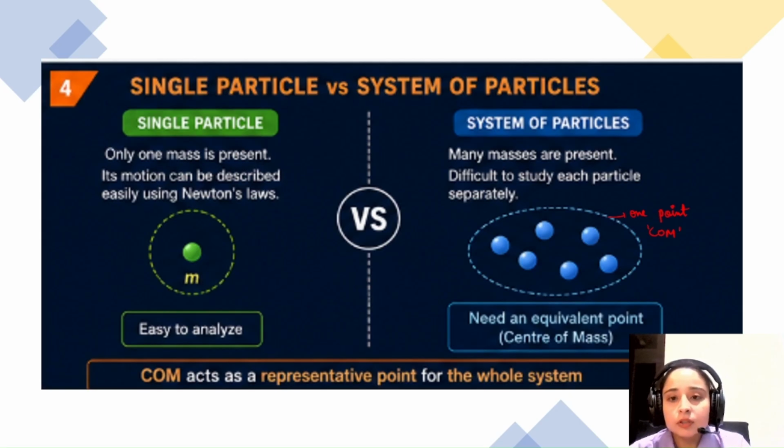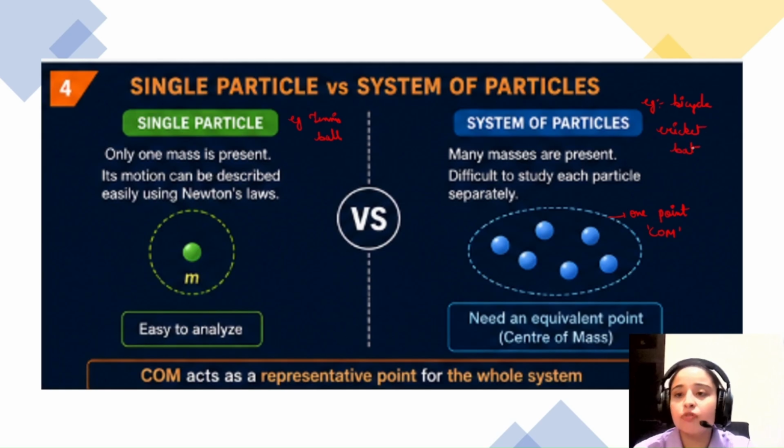So basically, I have given you the example of a tennis ball, a bicycle, and a cricket bat, right? In order to study the motion of various masses, we consider that this entire object is equivalent to a single point.